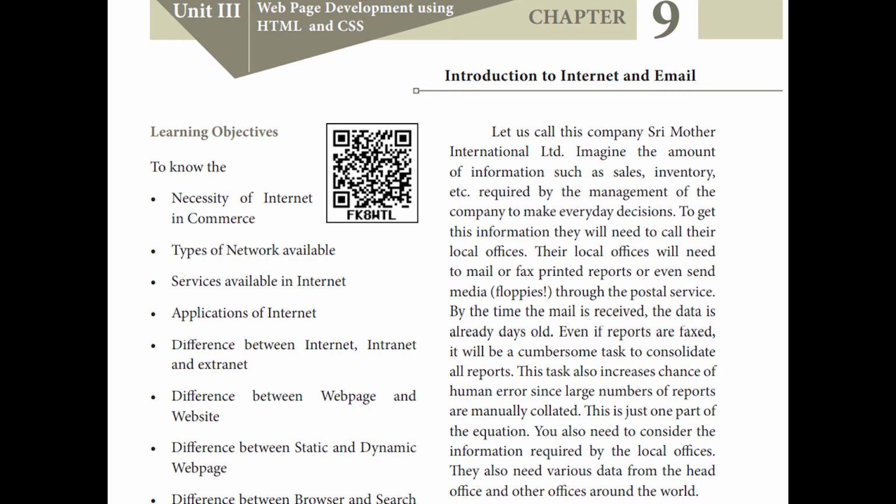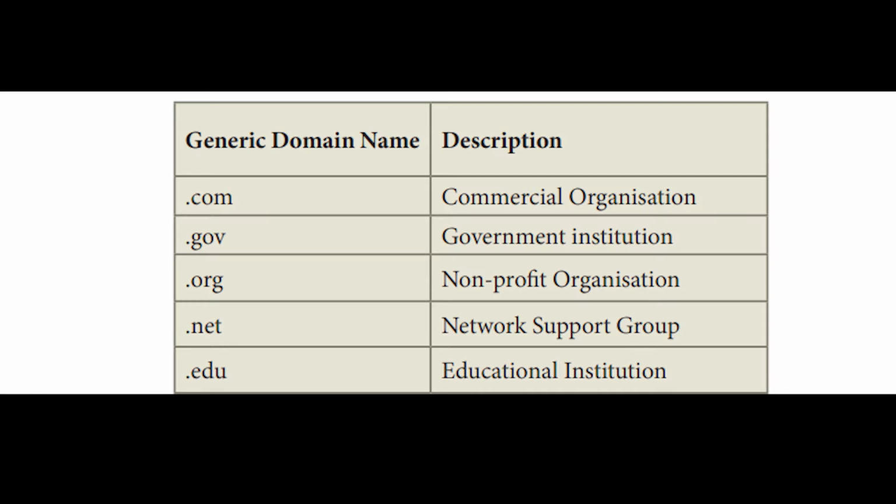You will be learning about domain name. What is the domain name? You all would have seen YouTube, www.youtube.com means you will get the YouTube page. Gmail means gmail.com. So what is that .com? Commercial organization. All these commercial organizations will have a .com domain name.